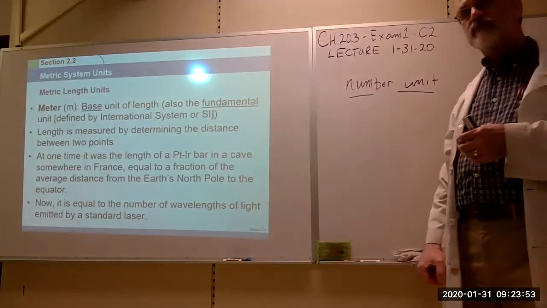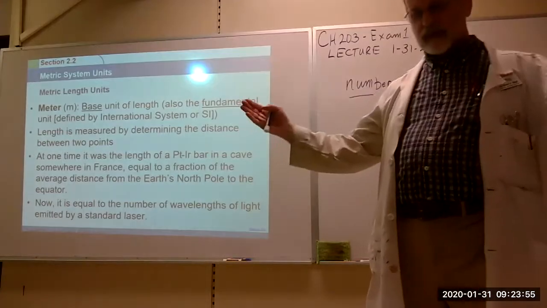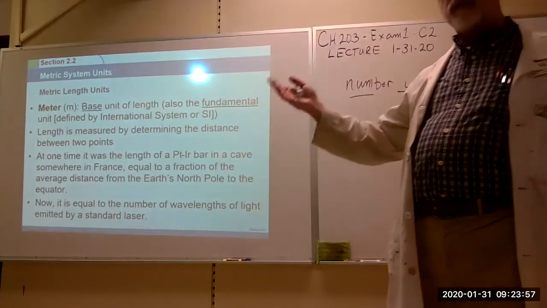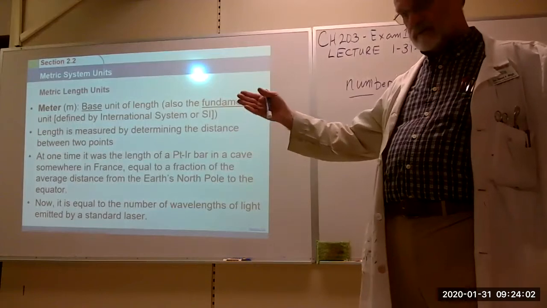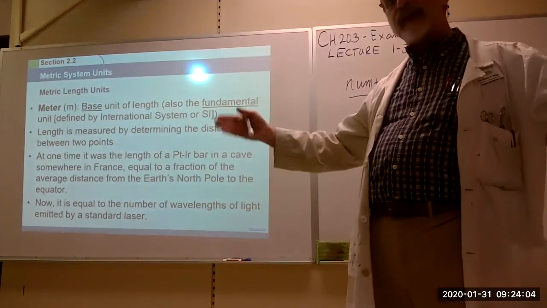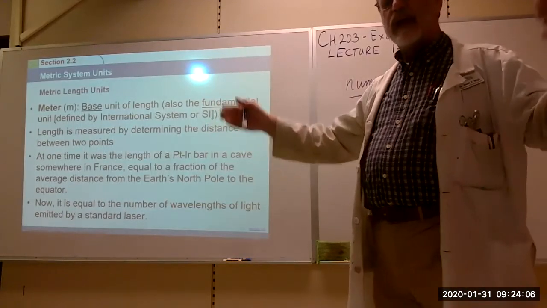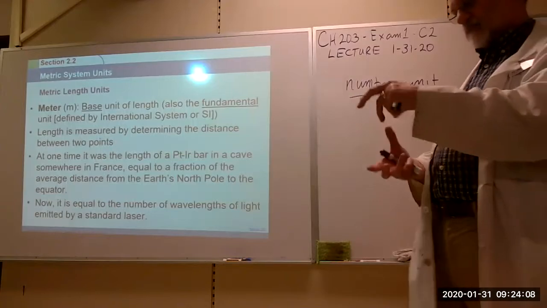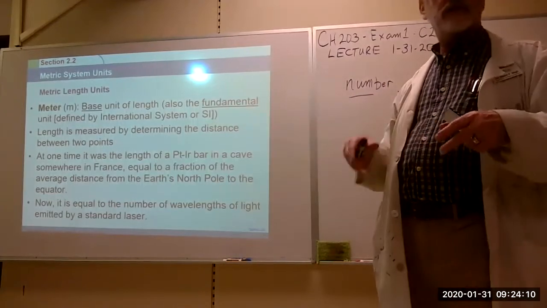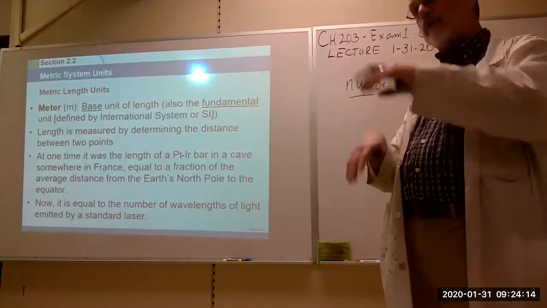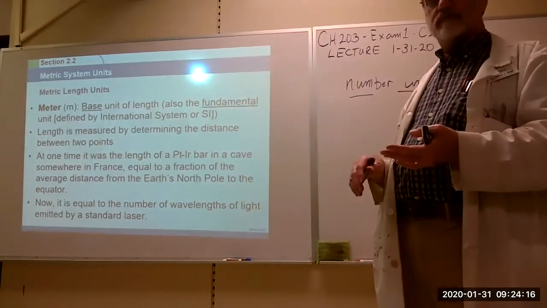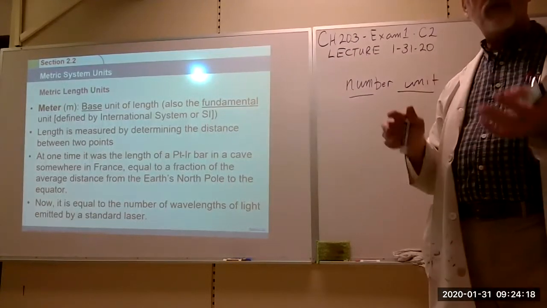So once they established what that was, then they created several platinum iridium alloy bars that were that length. And they created these oblong bell jars and put them in there. They were actually double bell jars filled with an inert gas so that they would not corrode.